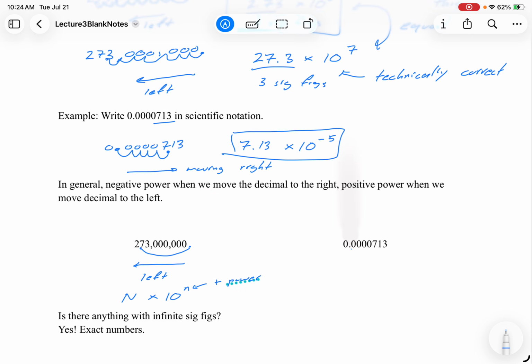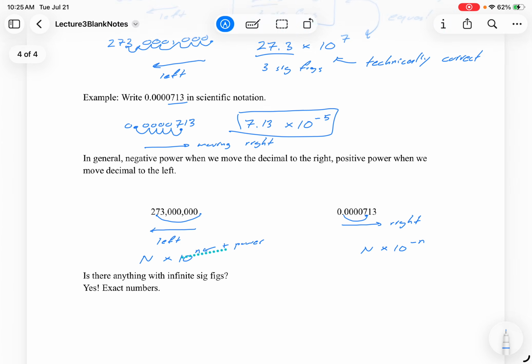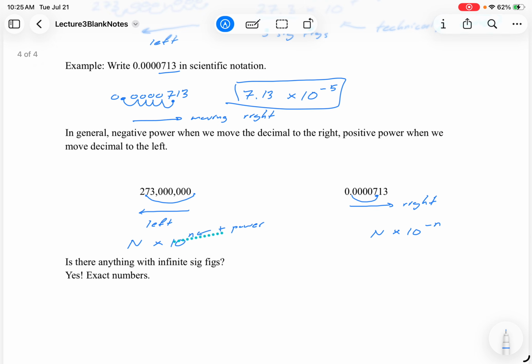But right here we moved right. So our scientific notation will be like this. Negative power, right?